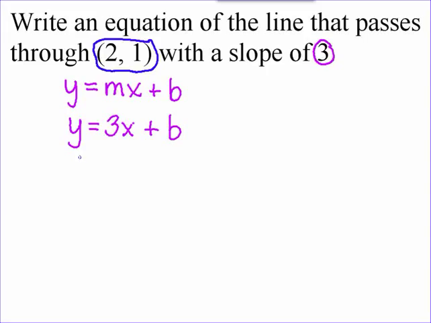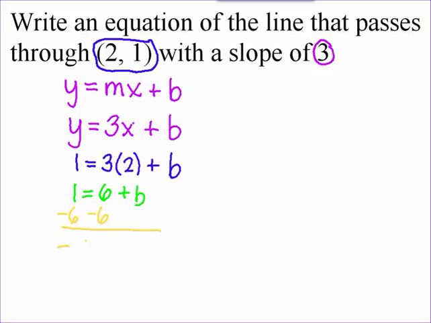So I'm going to plug in 1 for y, and 2 for x. Now look at what happens when I do that. I can solve for b. What I end up getting is 1 equals 6 plus b. What do you do now to solve? Subtract 6. When I subtract 6, I end up getting negative 5 equals b.